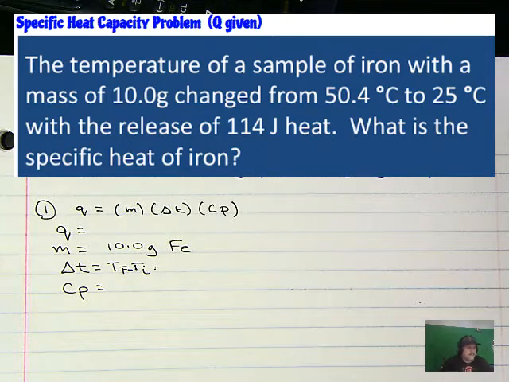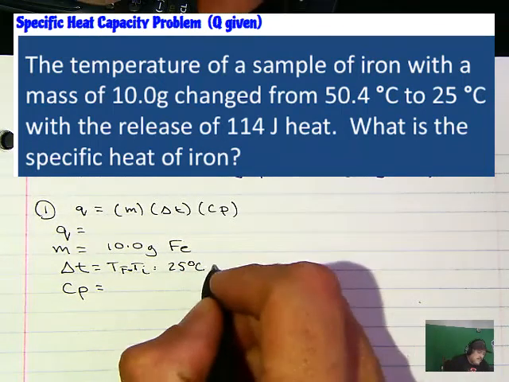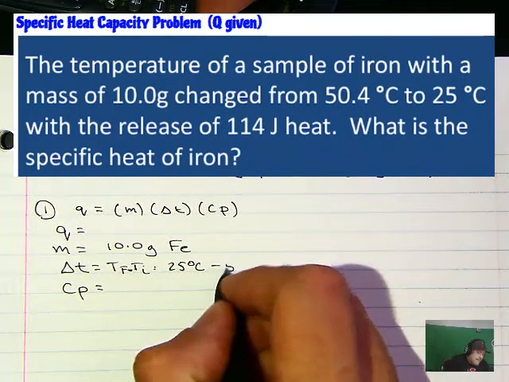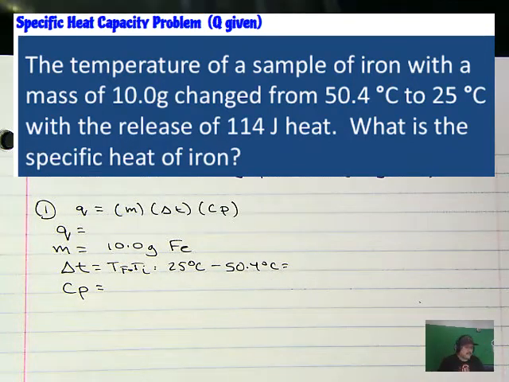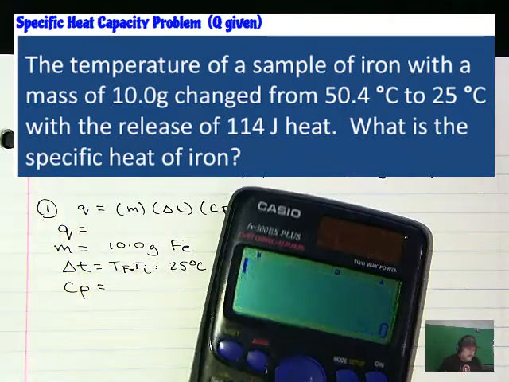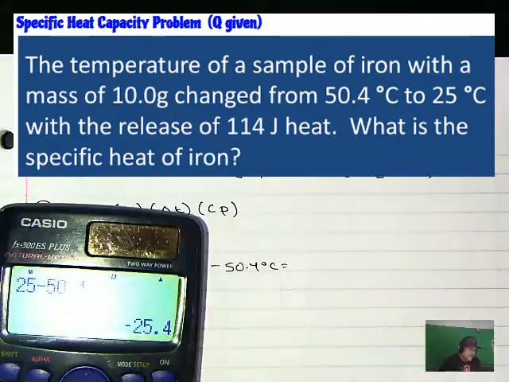If you're going from here to there, you're going to get there as the last thing you do. So in this case, that means that the 25 degrees Celsius is the final temperature. I subtract the initial, so it started at 50.4 degrees Celsius. I punch that into the calculator here. All right, so 25 minus 50.4, and I get negative 25.4.